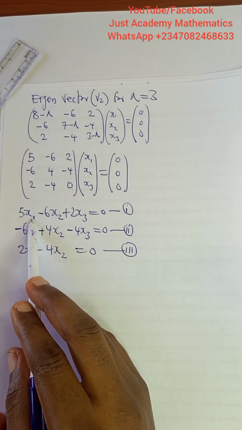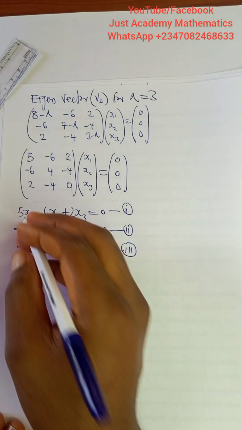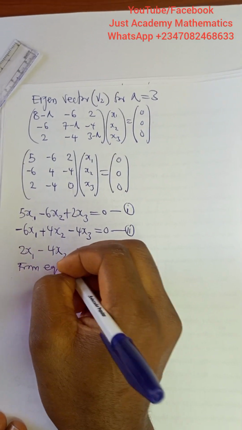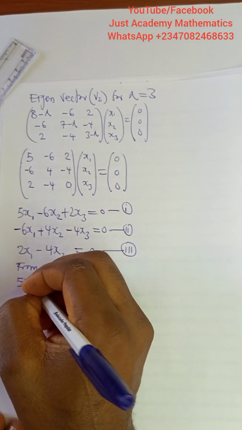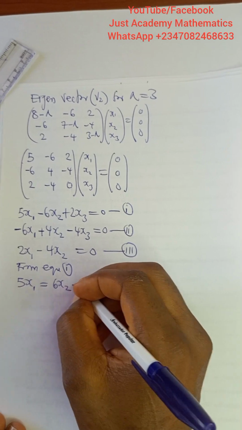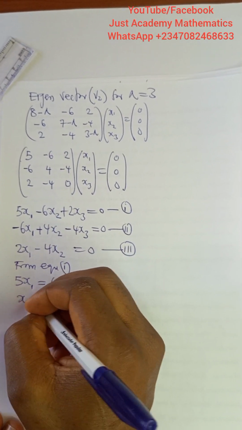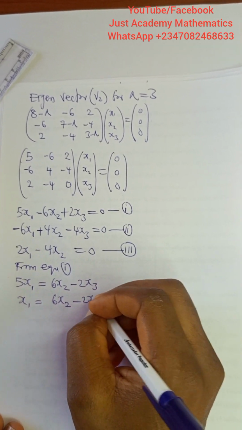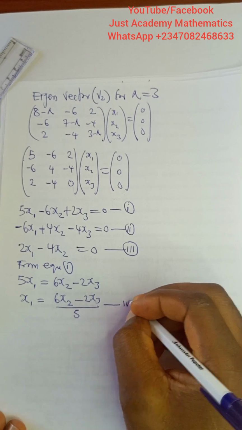We are going to find x1, x2 in terms of x3. From equation 1, we make x1 the subject. So we have 6x2 minus 2x3 here, so x1 is equal to 6x2 minus 2x3 over 5. This becomes equation 4.